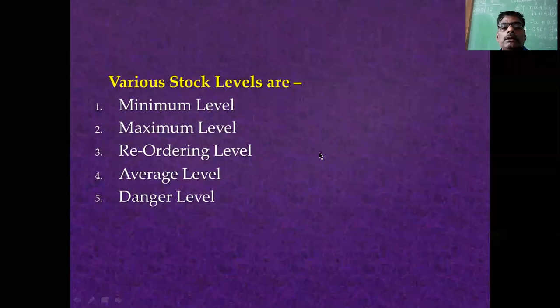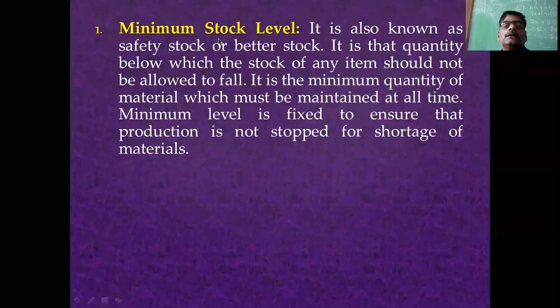How to calculate these levels? We see here. First is minimum stock level. Minimum stock level is also called safety stock level, or buffer stock. It is that quantity below which the stock of any item should not be allowed to fall.